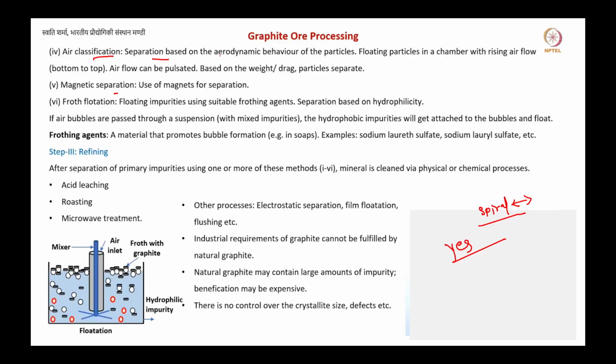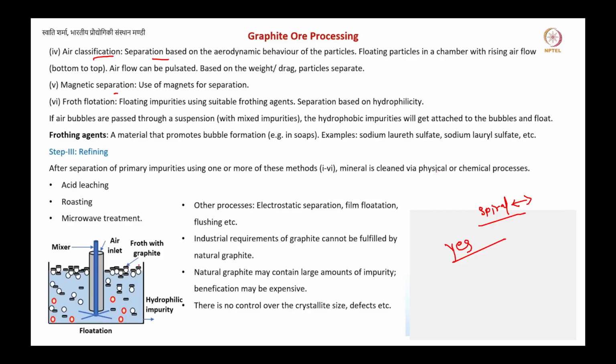So here you can see in the diagram, this is your impurity, right? Air will come here. If you put in some air, and here you have mixed your frothing agent, like here they have given soaps, for example sodium laureth sulfate, sodium lauryl sulfate, etc. You can use these as a frothing agent.